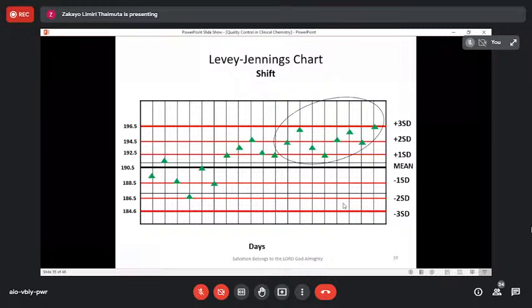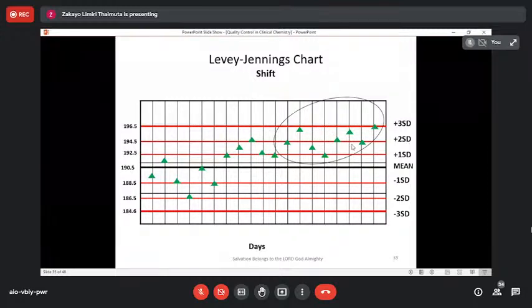Then having said that, you look at this characteristic. You look at the second region, and you realize that the second region has similar characteristic with the earlier days, only that this one has moved out of the mean.